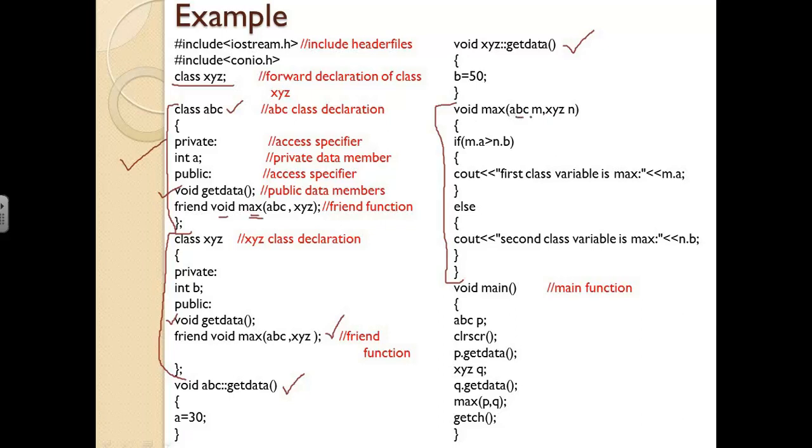For the ABC class I have kept one object, and for XYZ I have kept another object. Remember, these objects need not be the same as the objects which I am going to create inside the main program. Here I have created these two arguments just as a reference for the two classes. We can have different variables also, there is no problem.